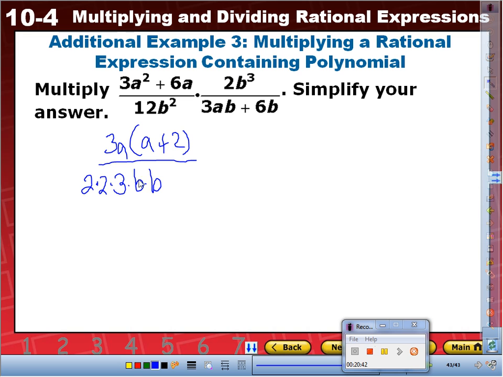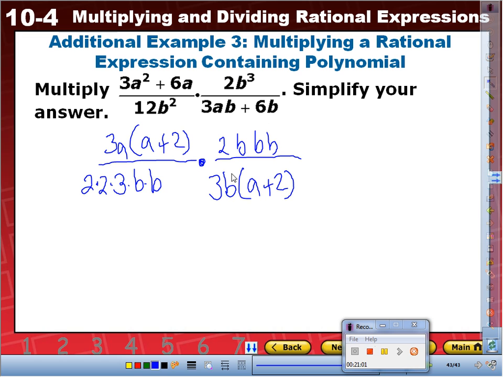Can I simplify this fraction anymore? No. Times 2b, b, b over, what's the GCF for these two? 3b. And we're left with a plus 2.